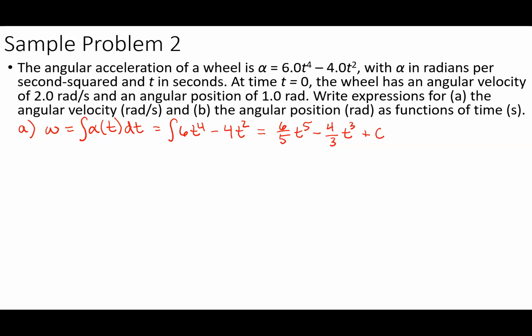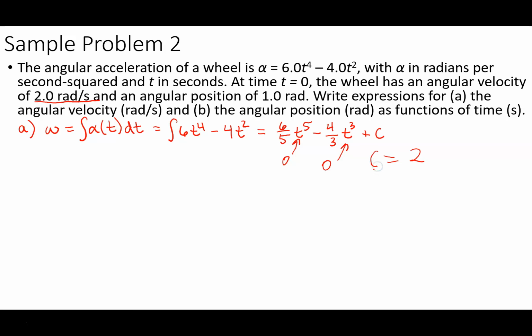Now, the problem tells us that at t equals 0, the wheel has an angular velocity of 2 radians per second. So what we're going to say is we're going to plug in 0 here and 0 here, and then that will equal 2. So that'll go away, and then that'll go away.